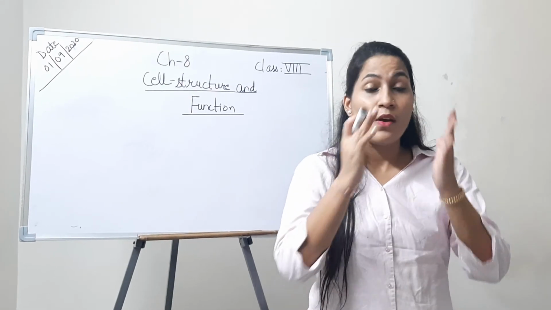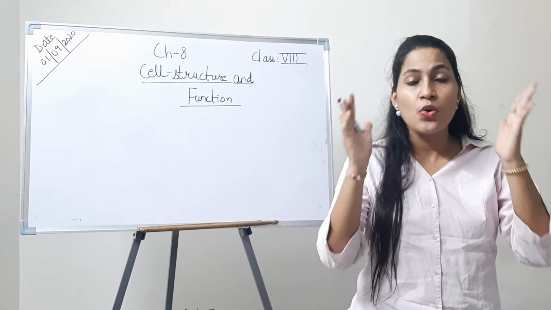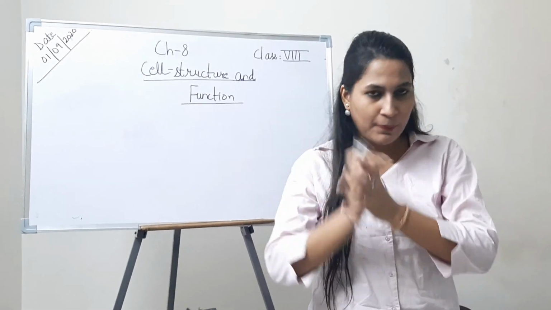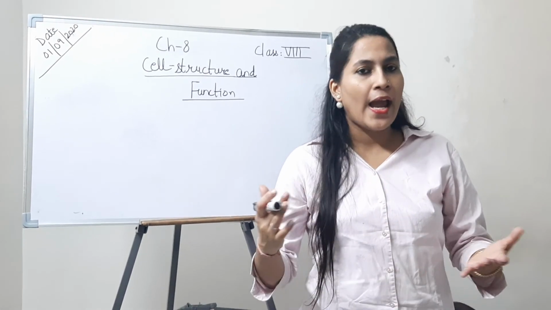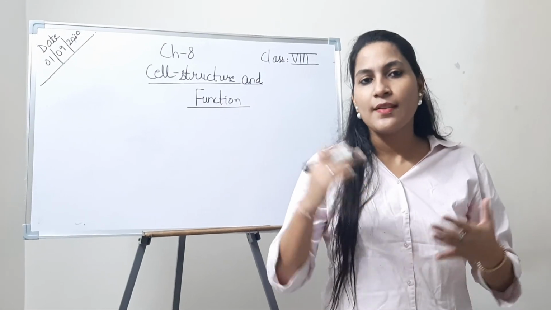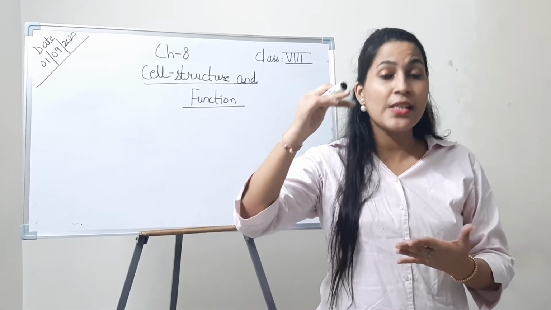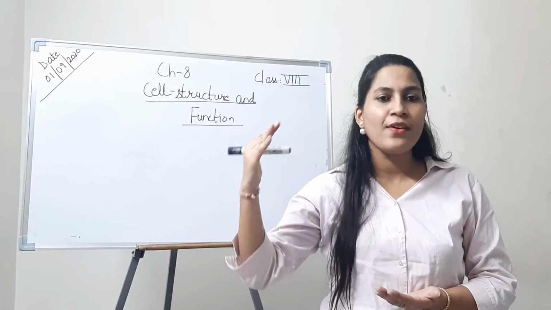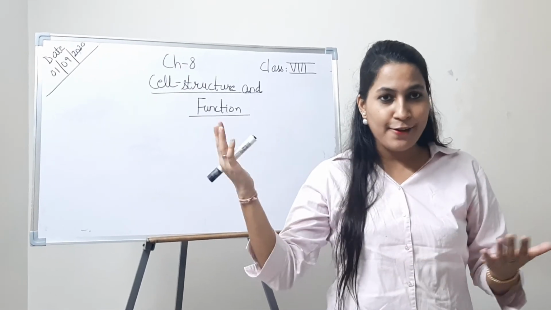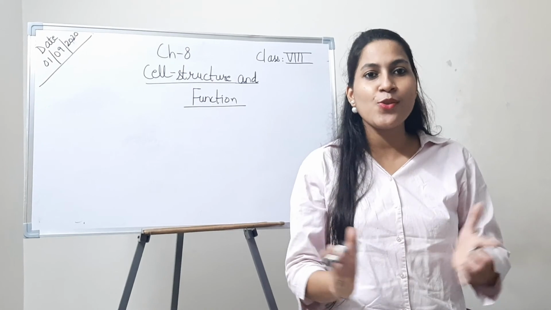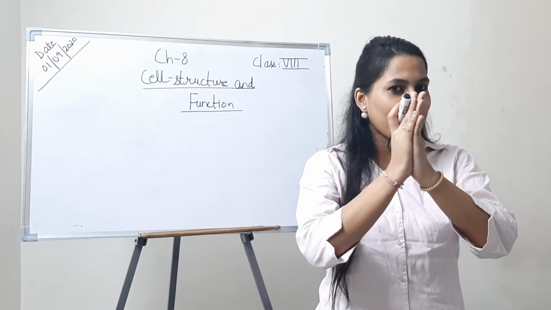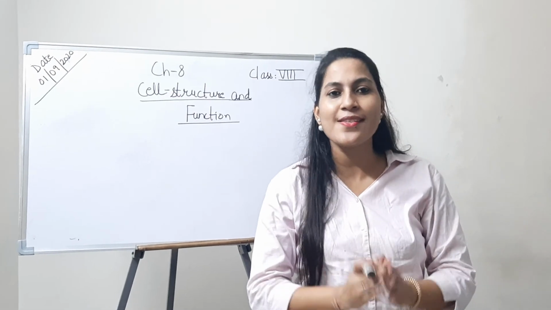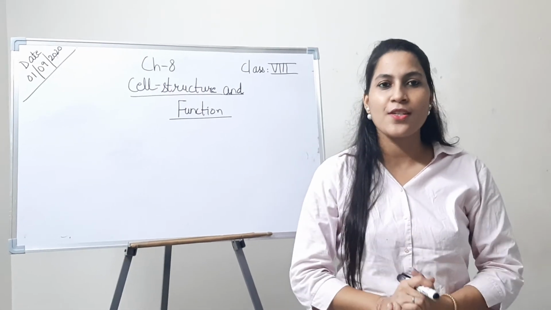And once you join all these together, it forms the human body. Yes or no? And once you observe a plant, you see different parts like root, stem, leaf, branch, flower and fruits. Once you collect them together, it forms the plant. Yes or no students? Definitely it is correct.